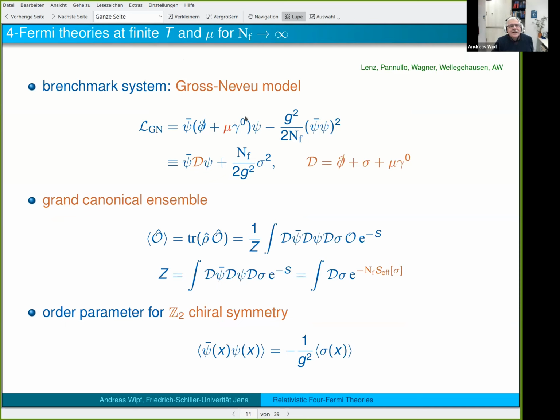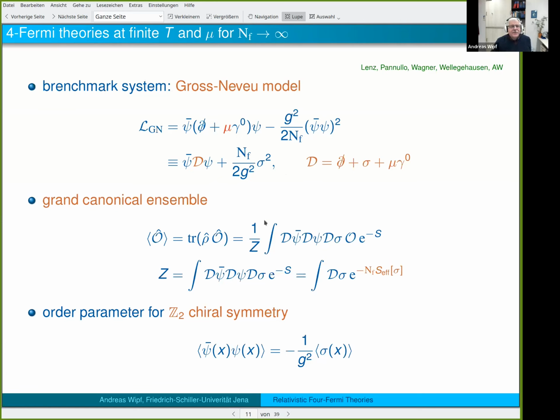So this is again the usual kinetic term, the chemical potential, and the Four-Fermi interaction is a scalar interaction in this case. So it's just psi bar psi, which again includes the sum over the flavors, squared. And again, you introduce an auxiliary field, and you end up with this equivalent Lagrangian.